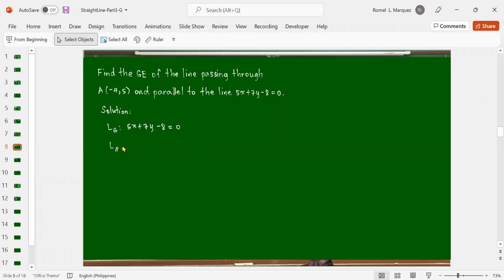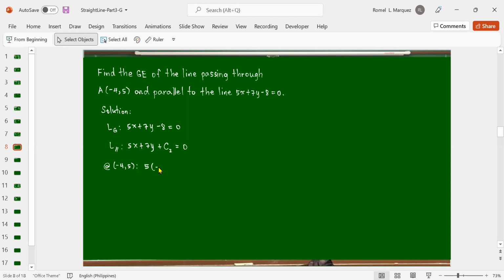Meaning the line that is parallel. So that is 5x, you copy the coefficient together with the x, plus 7y, then plus c or c sub 2 if you want. So solve for c sub 2. We know that this line will pass through negative 4, positive 5.